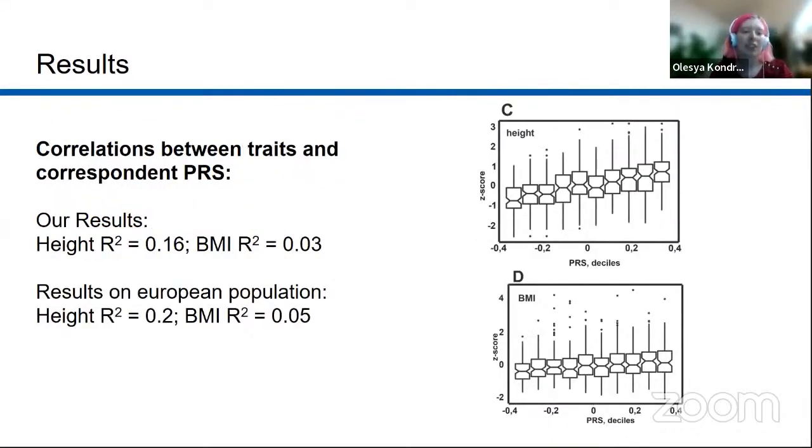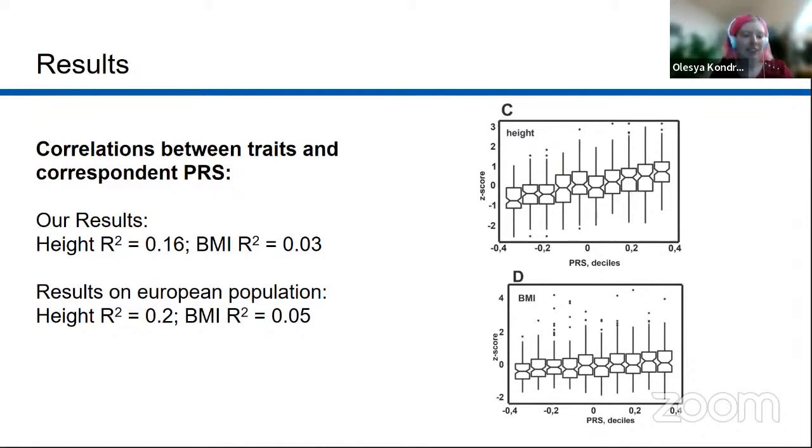The polygenic risk score calculation was done using PLINK software, where age and sex were used as covariates in the model. The correlation between traits and corresponding scores is presented in the figure on the slide, where scores were split into deciles.